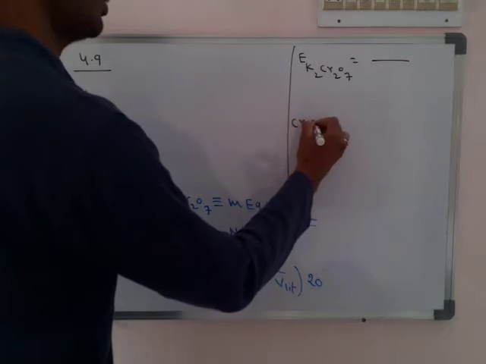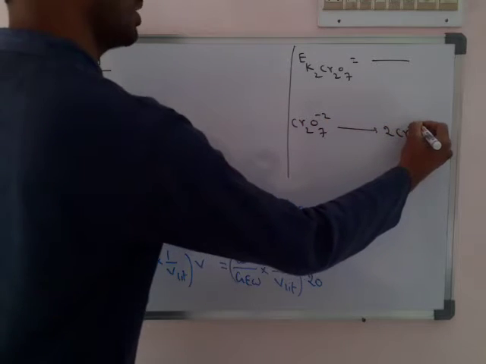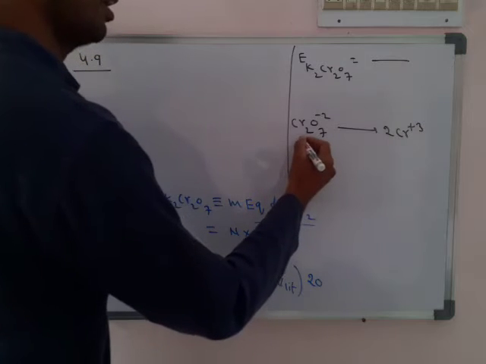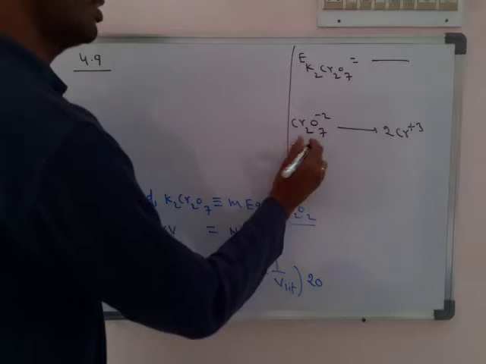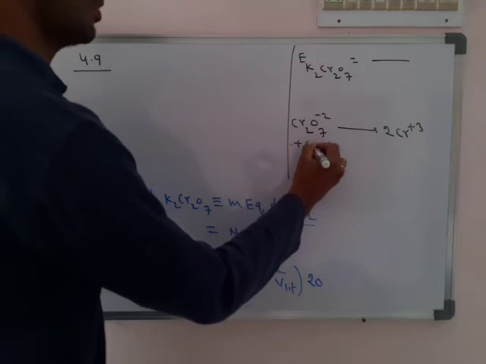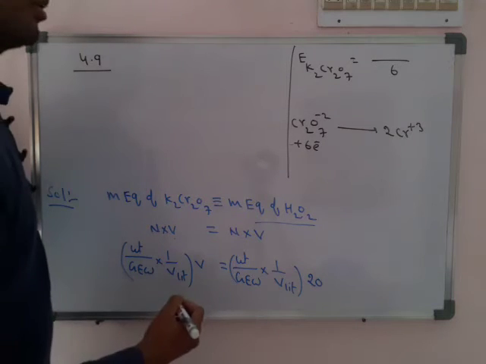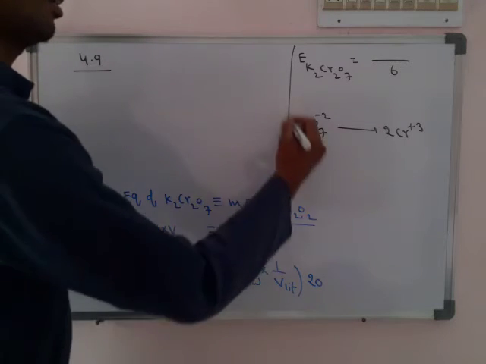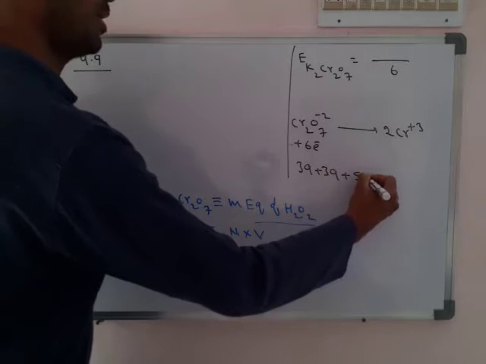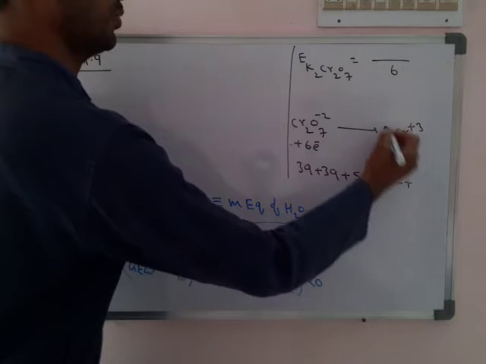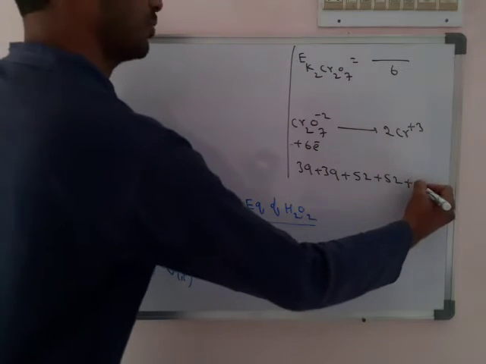We know that Cr2O7 2- becomes 2Cr 3+. Chromium's oxidation number changes from plus 6, so it takes place by taking 6 electrons. So n factor is 6. So what is the molecular weight? Potassium 1 into 39, chromium 2 into 52, each oxygen carries 16, meaning 112.